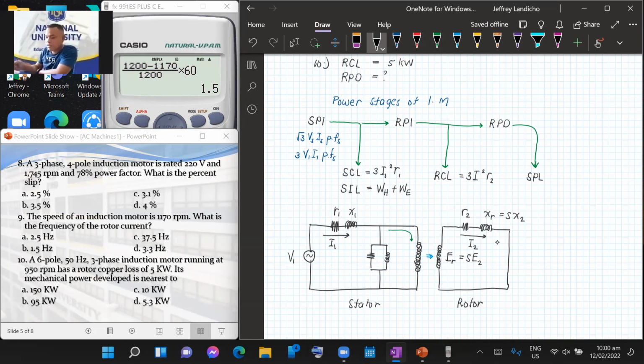So si SPL or mechanical. So after natin tanggalin yan, so doon pa lang lalabas yung ating output power. So the output power is RPO, rotor power output. Okay? Ngayon, pagdating niya sa power stages, yung pinaka-critical side is ito.